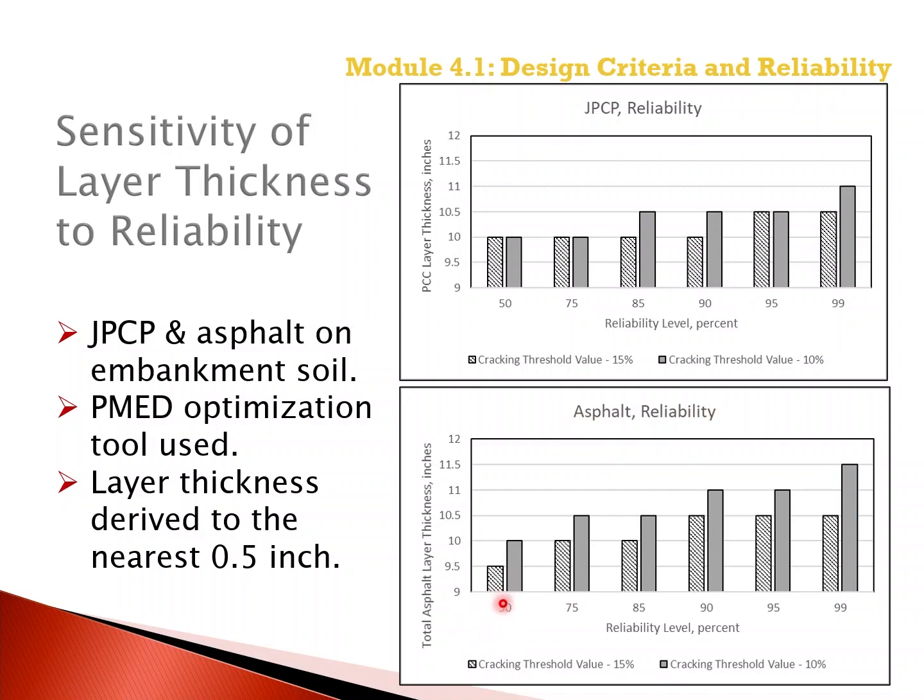So we go from 50% reliability, the crosshatch about 9.5 inches of asphalt for a 15% bottom-up fatigue cracking, and at 50% reliability about 10 inches for bottom-up fatigue cracking threshold value of about 10%, all the way to a 99% reliability where 15% threshold value would be 10.5 inches, and a 10% bottom-up fatigue cracking threshold value at a 99% reliability would require 11.5 inches of asphalt based on the site features, traffic, climate, and other variables used in this example.